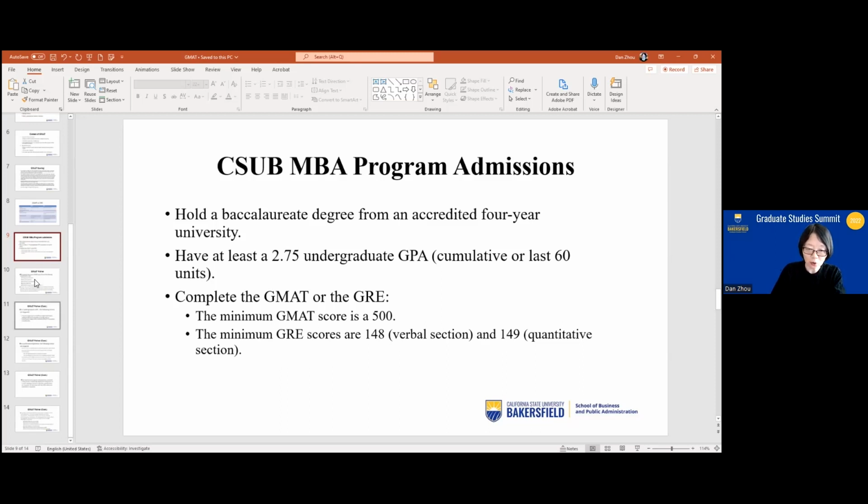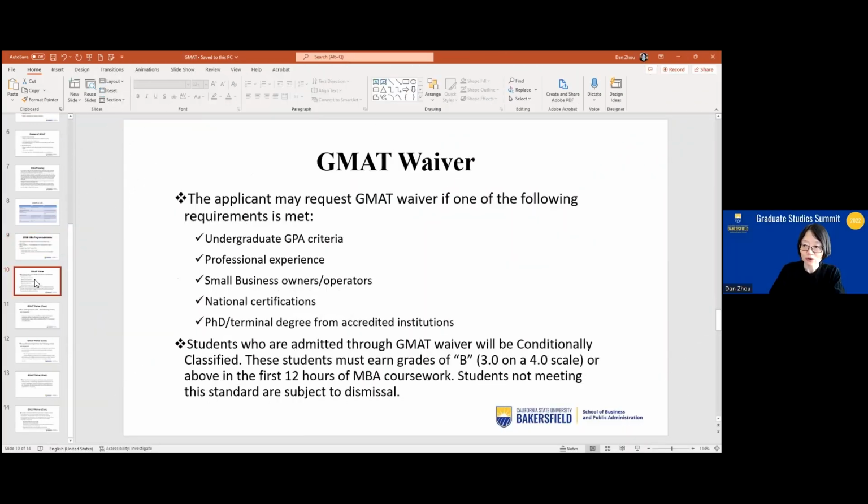So like other programs around the country, including the other CSU systems, we consider GMAT waiver.